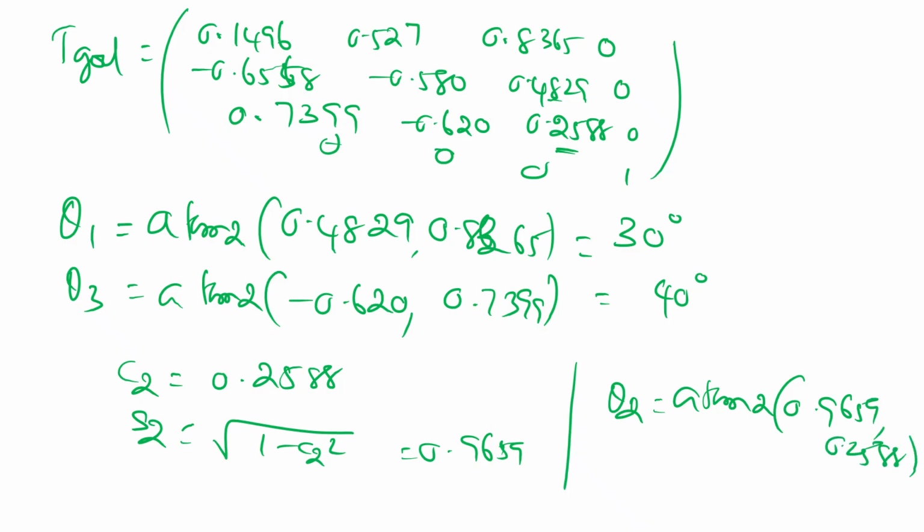If you solve this, you will get theta 2 equal to 75 degrees. This is how you derive the equations for the angles and solve them numerically. And one more problem, let's see the RRP manipulator.